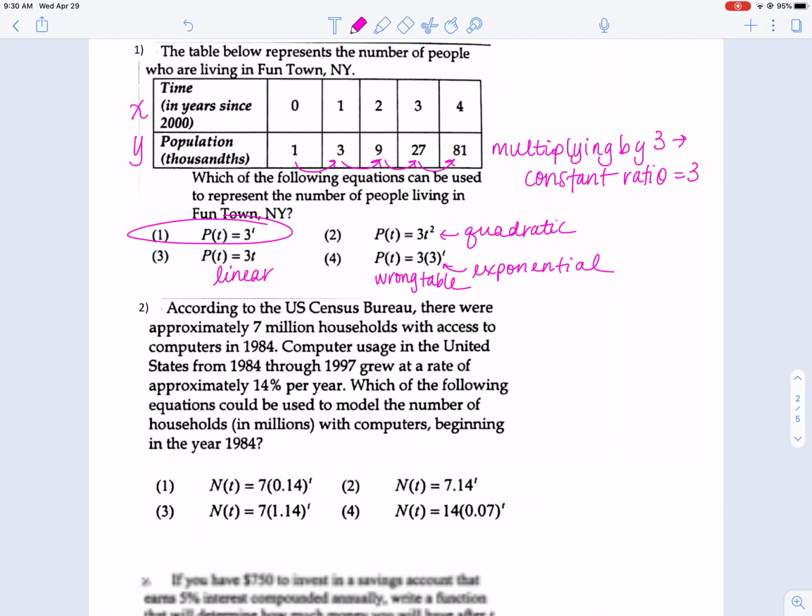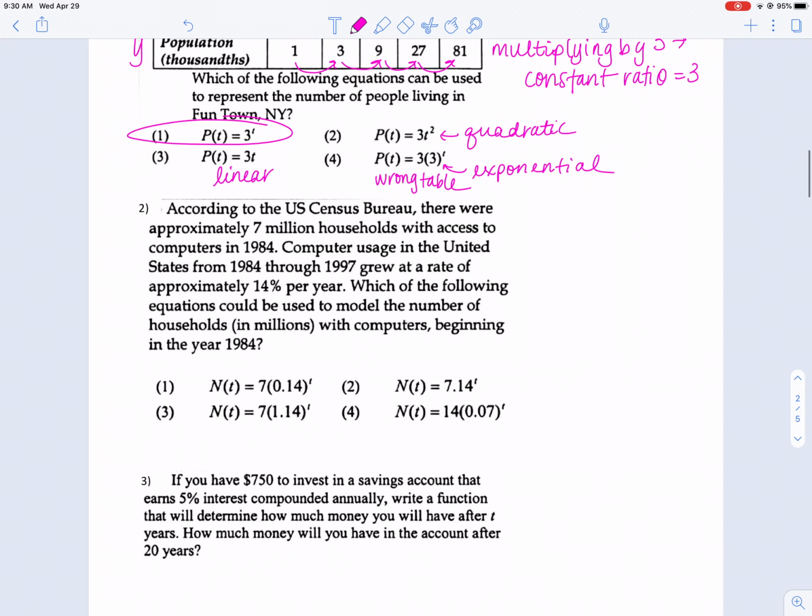Let's look at number 2. According to the U.S. Census Bureau, there was approximately 7 million households with access to computers in 1984. Okay, so I'm just going to highlight 7 million. Okay, the computer usage in the United States, keyword, grew at a rate of 14% per year. Okay, so which of the following could be used?